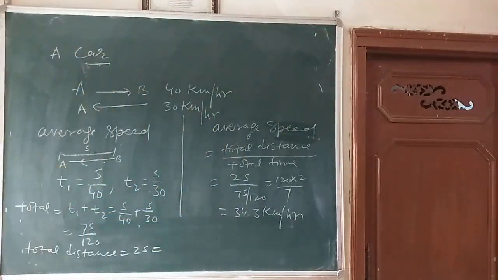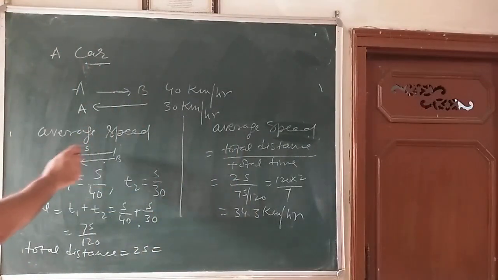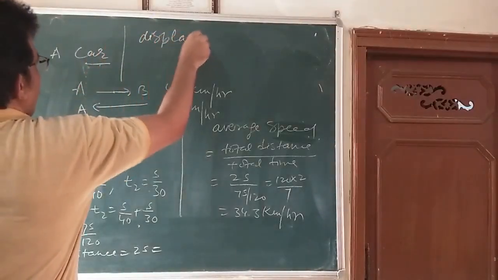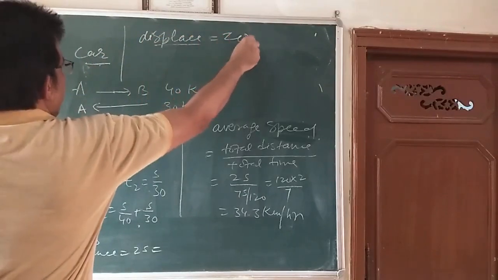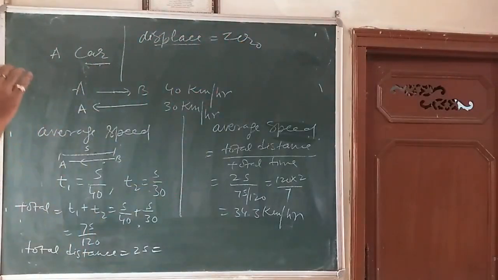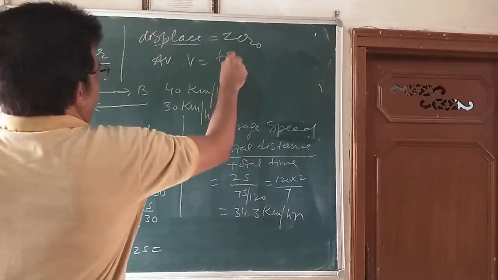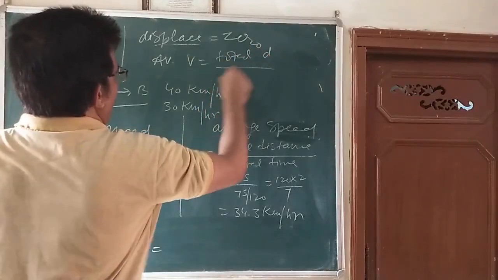Now, what is the average velocity here? Body is going from A to B and turned back to here. So displacement is 0. So average velocity is total displacement upon total time taken.